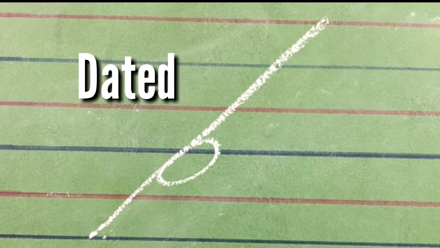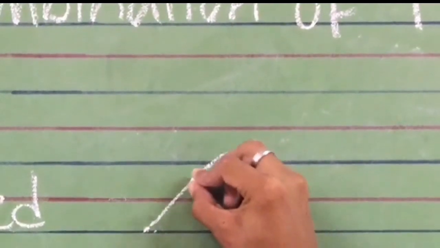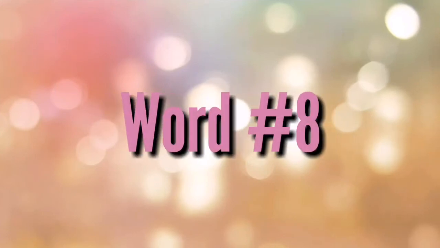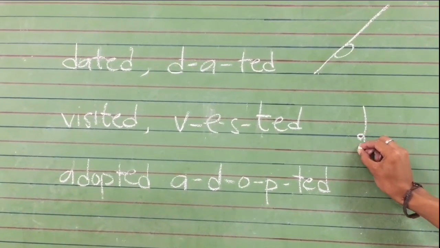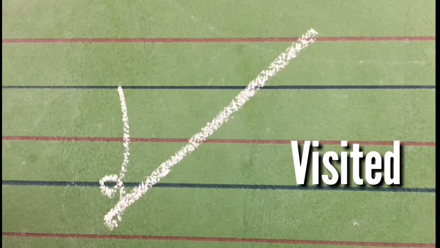Dated is represented by D, A, and the combination of T and D. Visited is represented by V, I, comma S, and the combination of T and D.